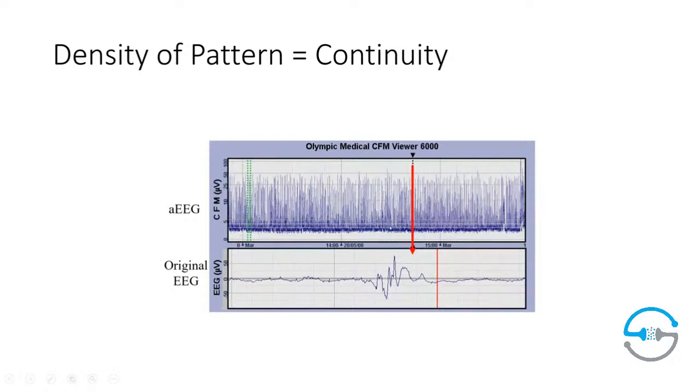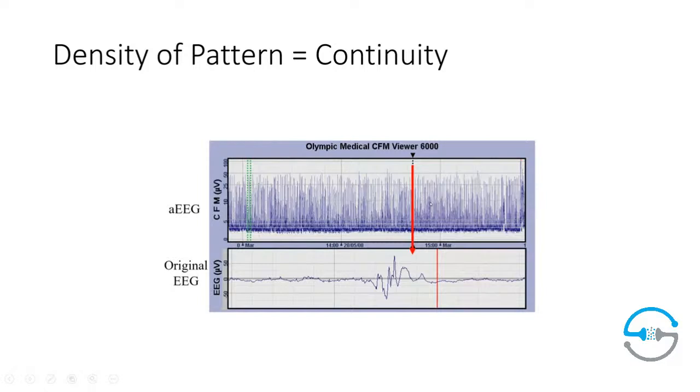And what we see with this, when there are more than 15-second gaps in bursts, we have blank space. So the density of the pattern reflects how continuous the activity is. Whether the activity is normal or whether the activity is bursting in an abnormal pattern, the density reflects continuity. And so I want you to say, or continuousness of activity, right? So depending on how you want to say that.